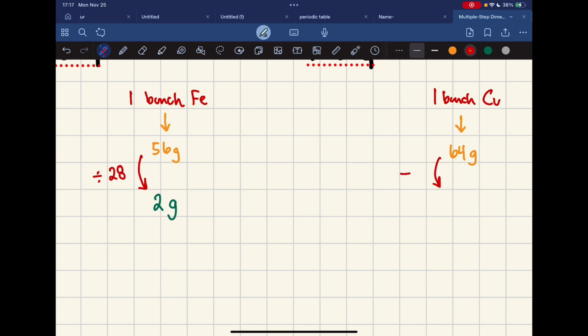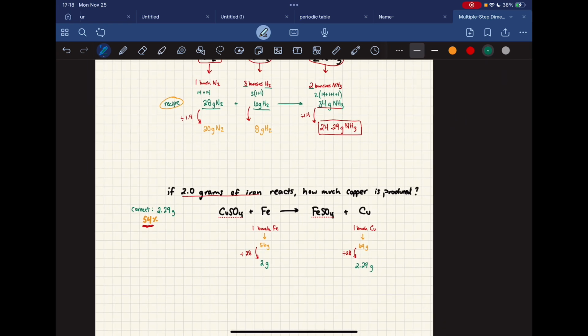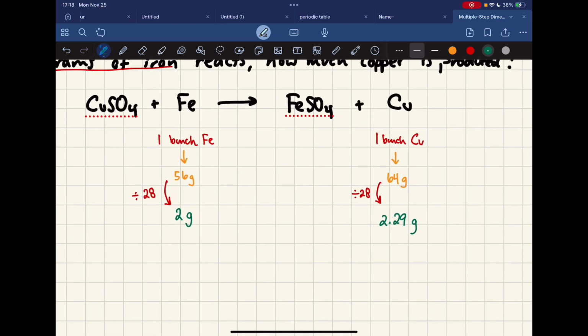So I'll just use that scale factor over here. So that's 64 divided by 28, and I get 2.29 grams. So that's it. Easy peasy there.